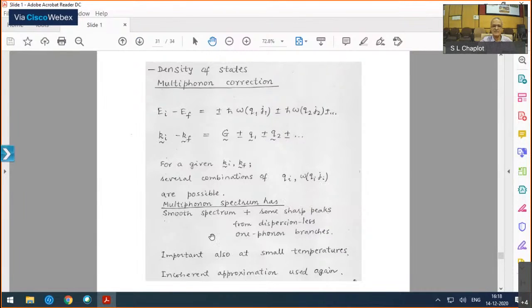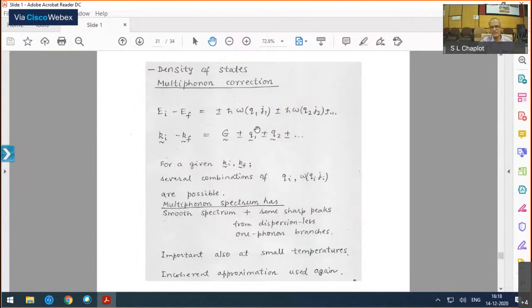Because we have a large number of possibilities, the multiphonon spectrum tends to be relatively smooth. It may not have very sharp peaks, but it could; it's not always ruled out, unless there are really some very dispersionless phonon branches, then they could give some sharp peaks.